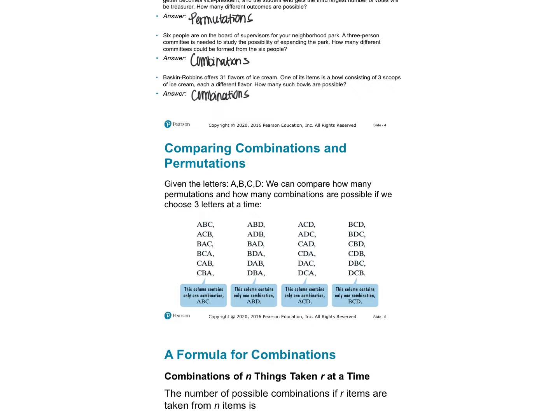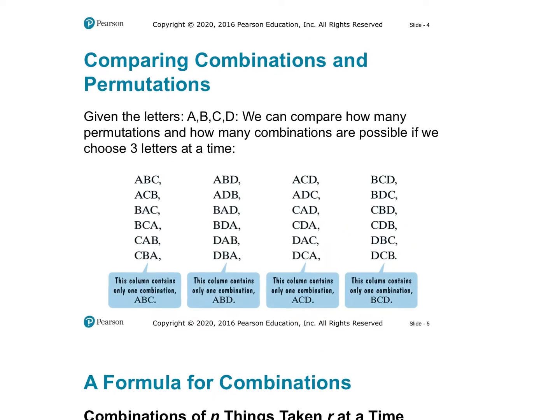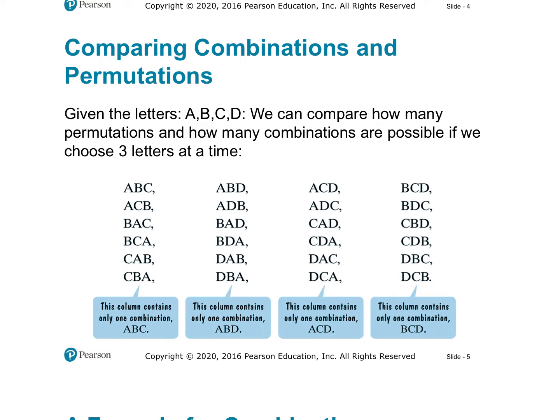All right, comparing combinations and permutations. Given the letters A, B, C, D, we can compare how many permutations and how many combinations are possible if we choose 3 letters at a time.